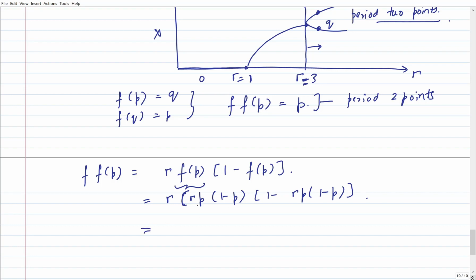So you can immediately see that things become messier, but this is actually a 4th degree polynomial.